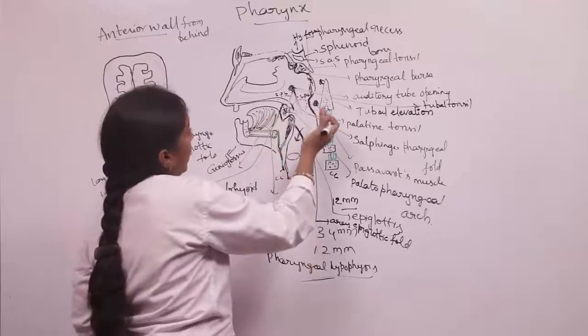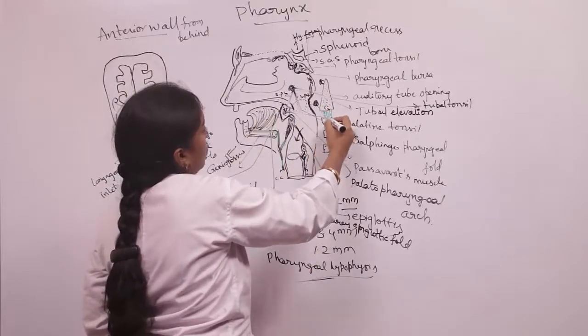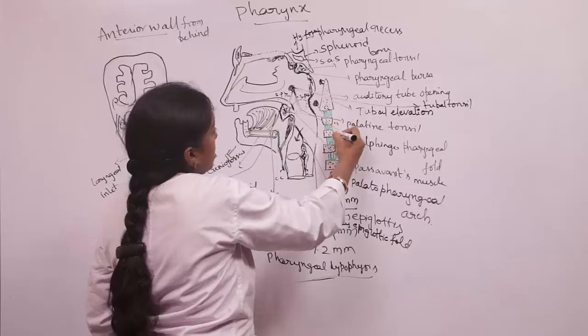And the oropharynx is related to the C3 and C4 vertebrae.